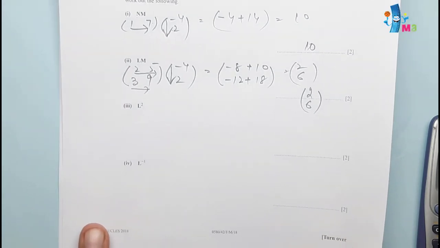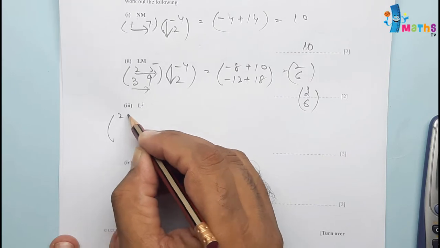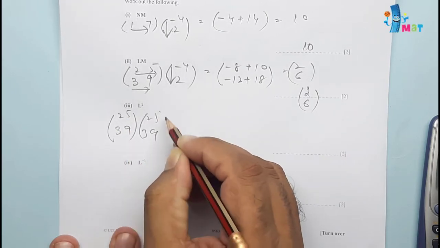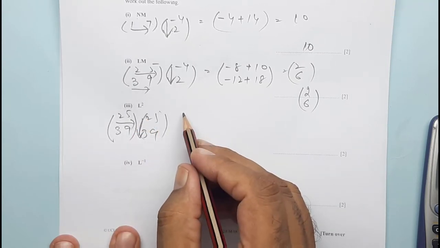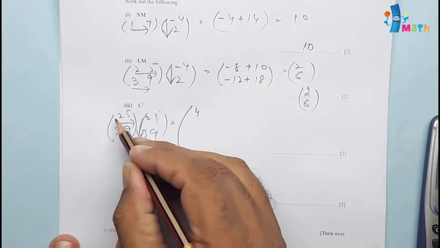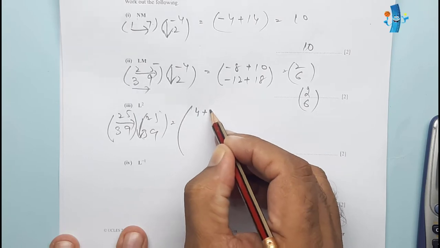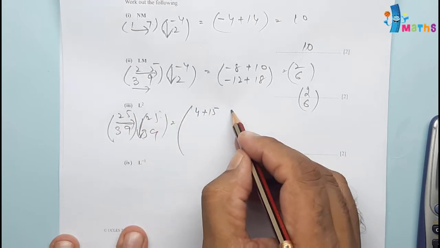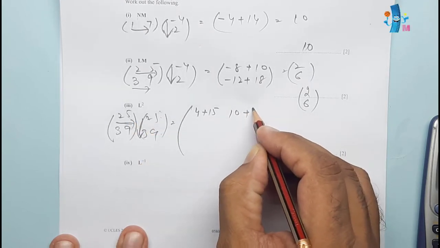Next part is L square. So L is this one, 2 5 3 9 into 2 5 3 9. Again, this row, this column, first row, first column will be 2 into 2, 4, plus 5 into 3, 15. So 4 plus 15. Then first row, second column, 2 into 5 will be 10, plus 5 into 9 will be 45.